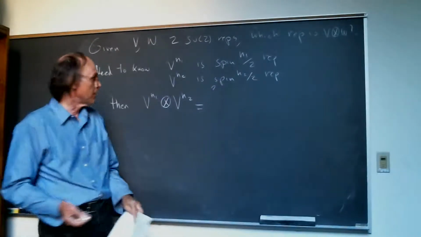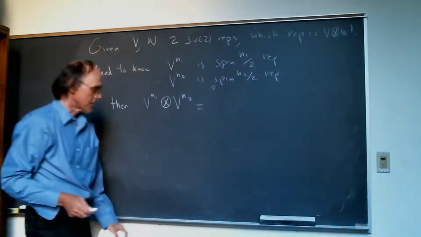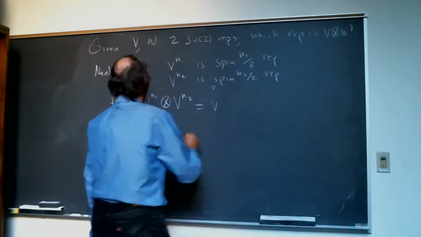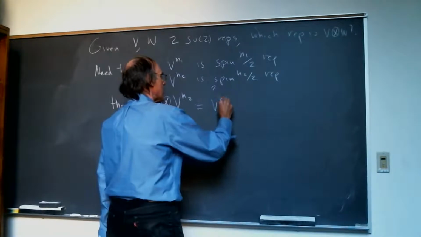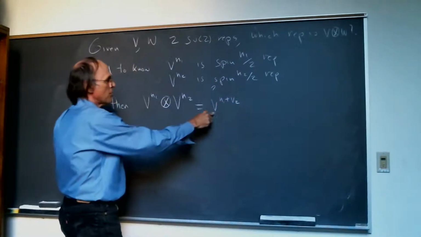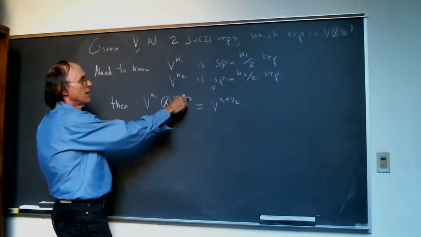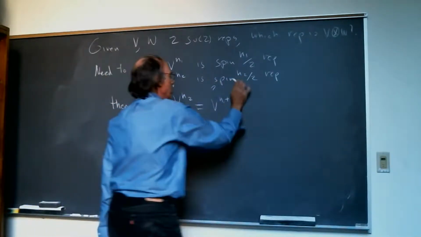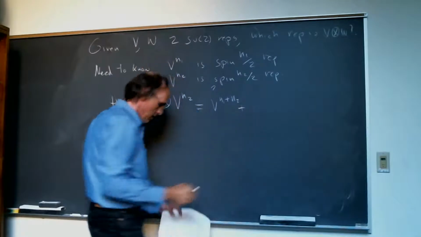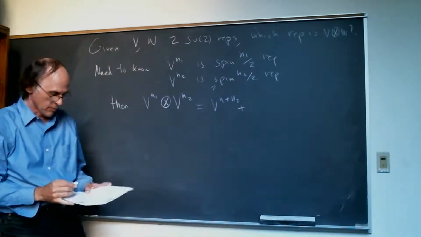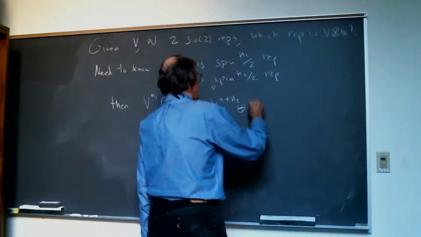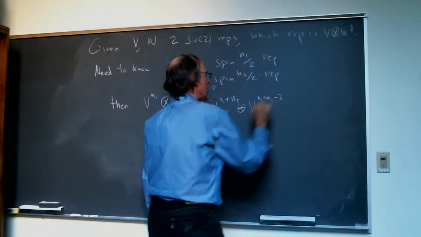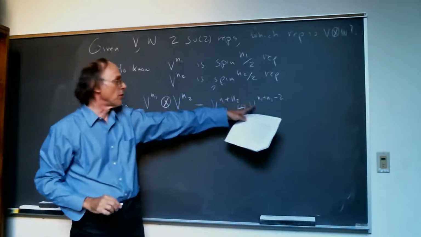It turns out, let me just write out the result: you get the sum of the spins, spin (n1 plus n2) over 2, and then you get the same thing where you reduce the spin by 1, or reduce n by 2.